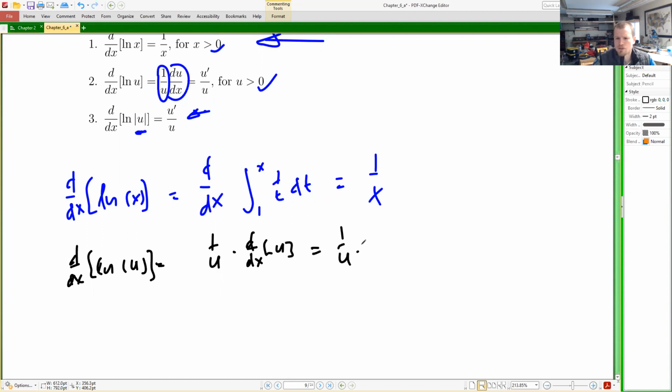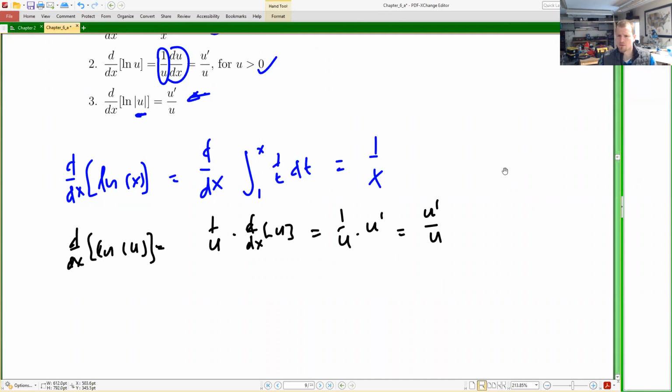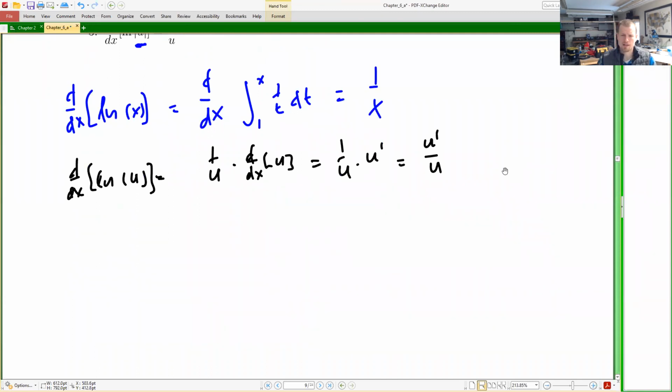So this is 1 over u times du dx. You could write it that way, or simply u prime, but notationally this works out to just be u prime divided by u. Maybe there were different ways that it was presented to you in the past of how to write derivatives, so the notation might need a little bit of adaptation, but overall, I think that's a pretty straightforward idea.